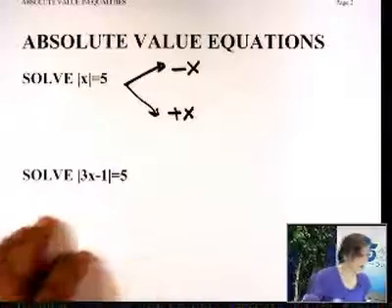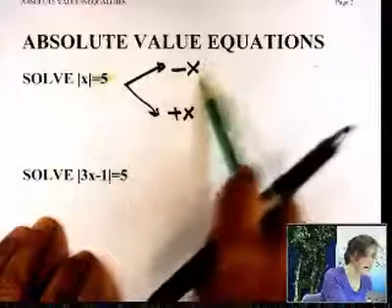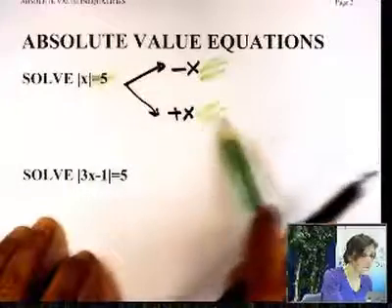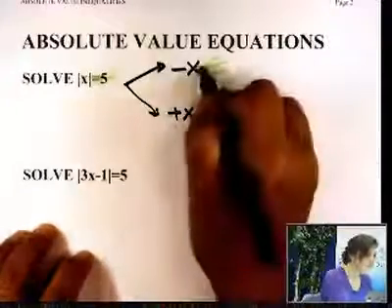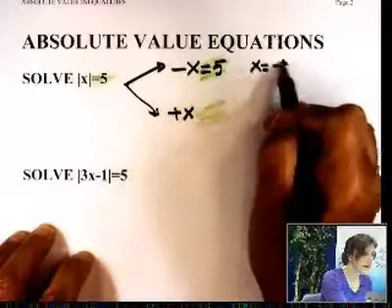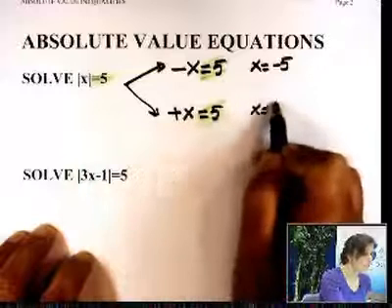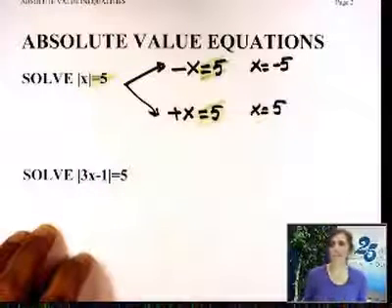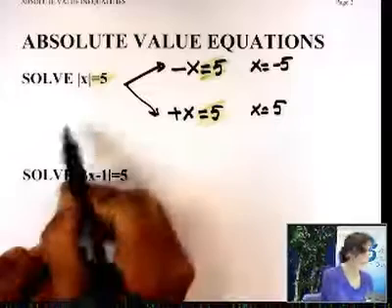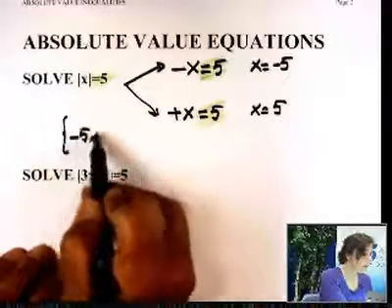Then put whatever that is next to it right here and try to solve it. So -x equals 5. That gives me x equals -5. And this one, x equals 5. That gives me x equals 5. So if I were to write this in set builder notation, I would have written braces -5, 5.